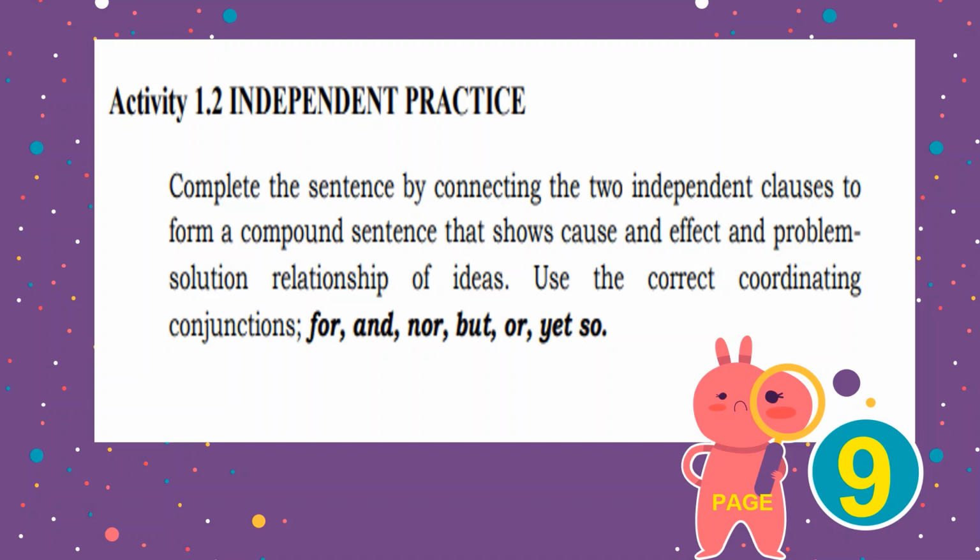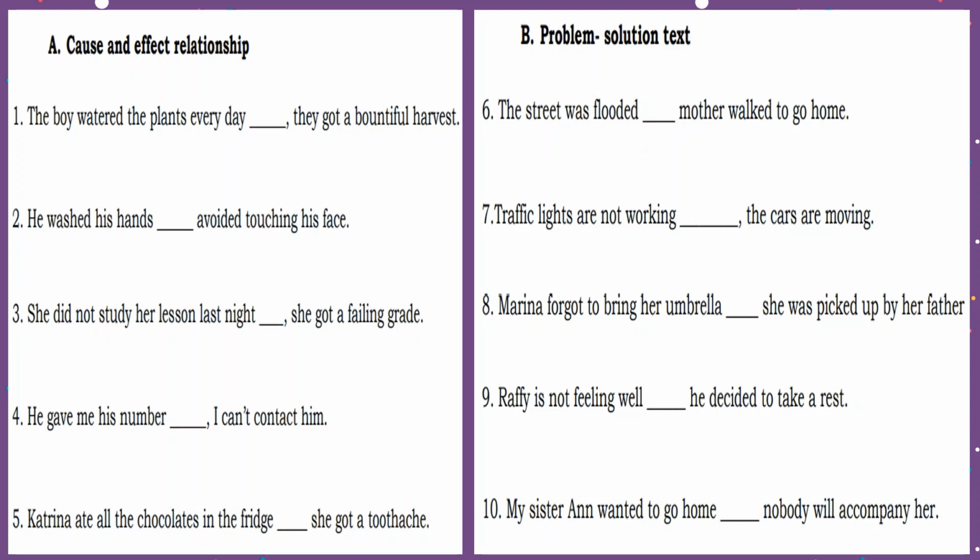Use the correct coordinating conjunctions for, and, nor, but, or, yet, or so. So you're just going to add coordinating conjunctions, fanboys, to form a compound sentence. A is for cause and effect relationship, and B is for problem solution text.